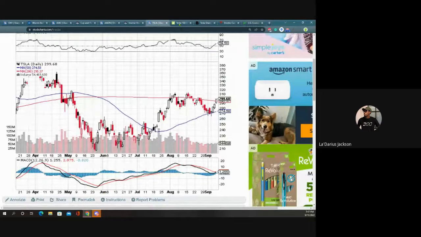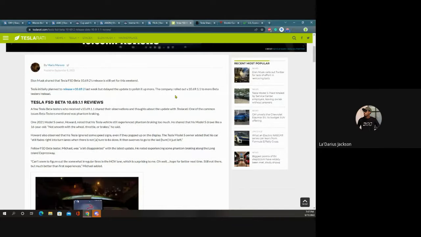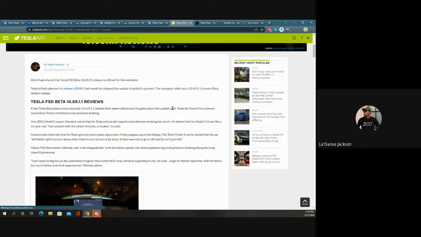Another thing, Tesla has the FSD beta that just came out over the weekend, which a lot of Tesla owners have been waiting on for a while. So this coming out is good news for Tesla stock. That's just the sprinkles on top. That's why I added this one in. It talks about the beta and the things they're adding.